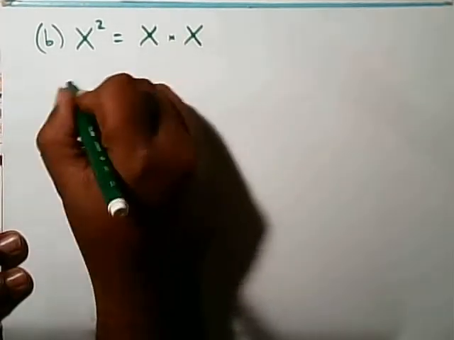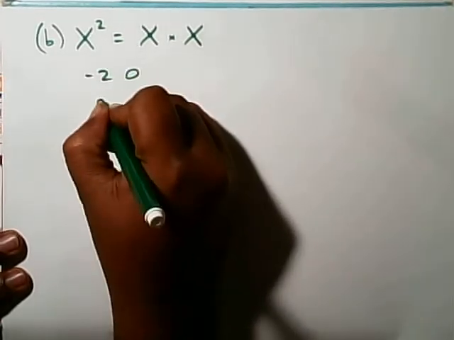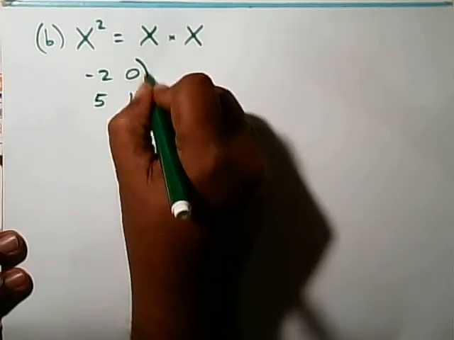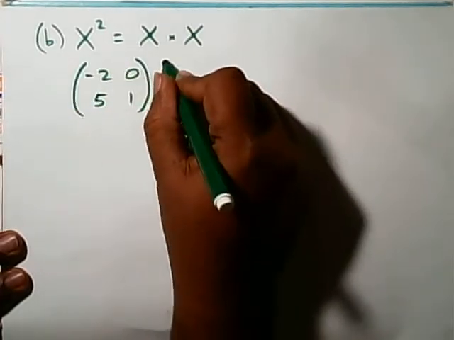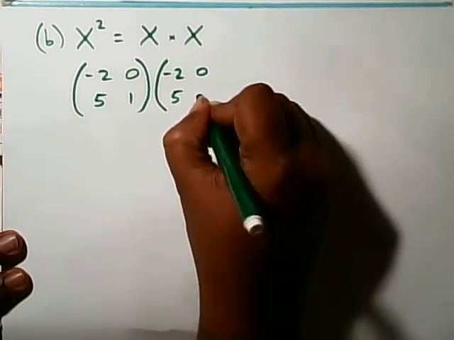So what would that look like? That would be minus 2, 0, 5, 1 multiplied by another minus 2, 0, 5, 1.